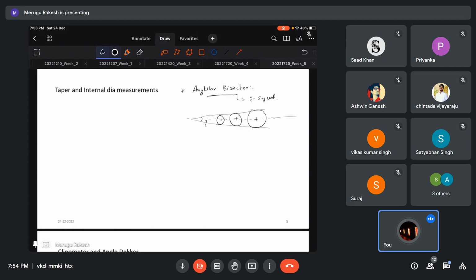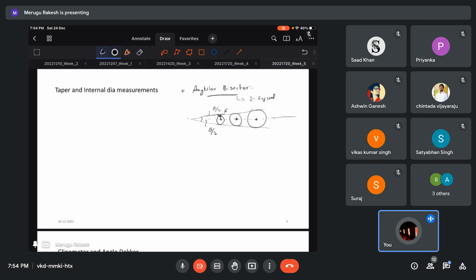Do you think this theta will be the same, and this angle will be 90 degrees? Any objections? Since this is a tangent on the surface, it will form exactly 90 degrees. Yes, sir. Okay, now if I join it to the center here.